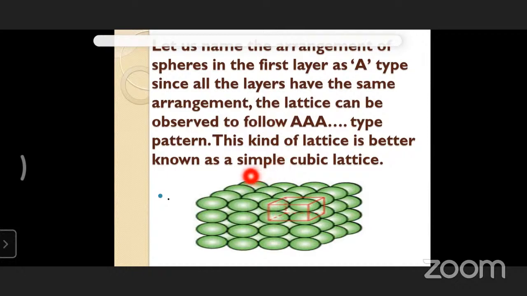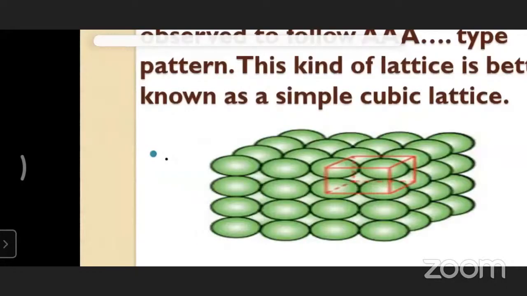This is the first layer, A type. Upon this layer, another layer is kept, AA. Upon this layer, another layer, and another. In every direction, the atoms are arranged upon one another: X direction, Y direction and Z direction, in a three-dimensional way.